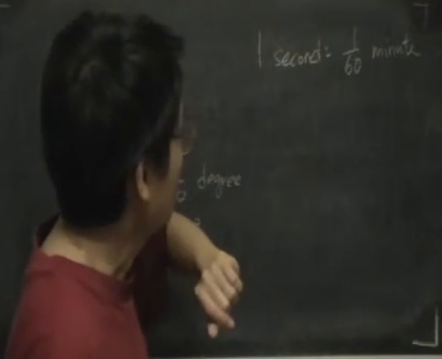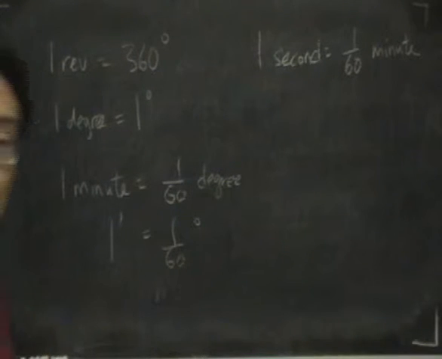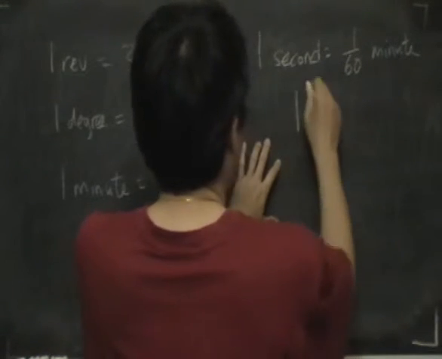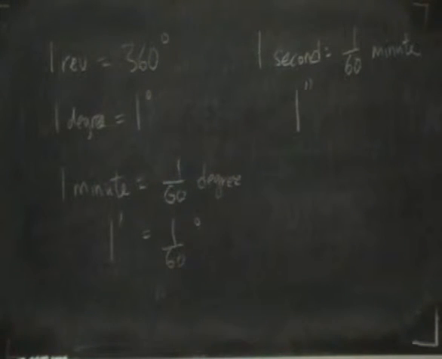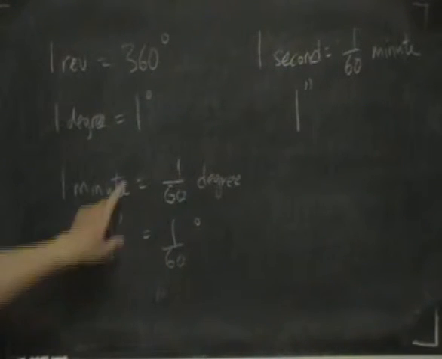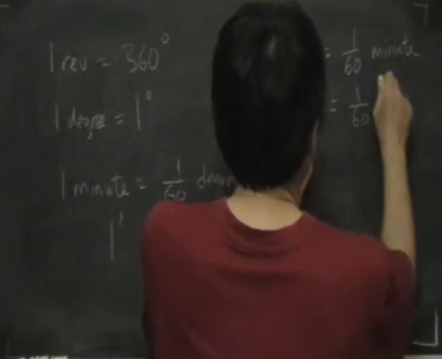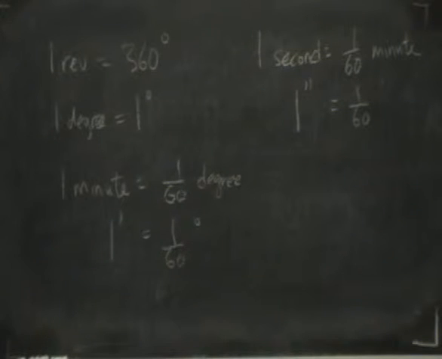So it's a really tiny angle, and the symbol that is used is 1 with 2 commas next to it. And 1 minute is 1 with 1 comma. Right? So this will be 1/60th with a comma. So that's how it is written.